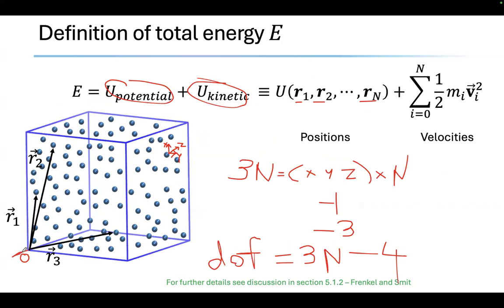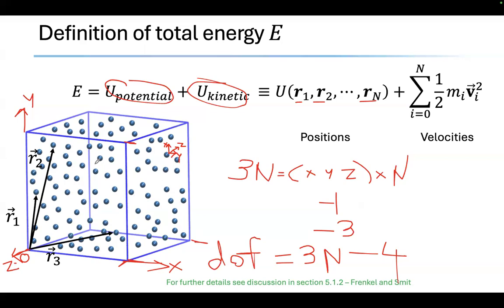Assuming this is the x-axis, this is the y-axis, and this is the z-axis, you have specified the minimal and maximal x, the minimal and maximal y, and the minimal and maximal z. So you have defined a box and put in all these molecules, the blue molecules here. You have initialized the positions.